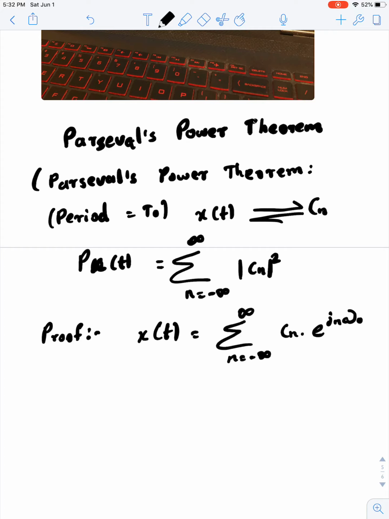Now if we take the conjugate of z, we will have a minus ib, and we know mod of z is equal to under root a square plus b square, or we can say mod of z square is equal to a square plus b square. Now we will multiply z and z conjugate.